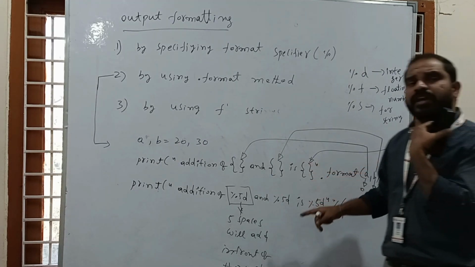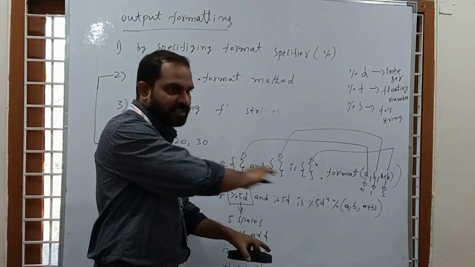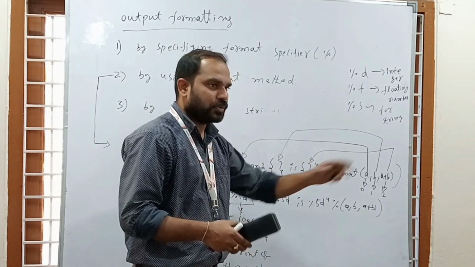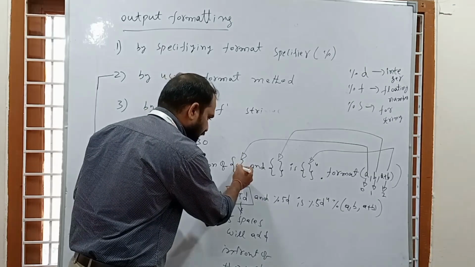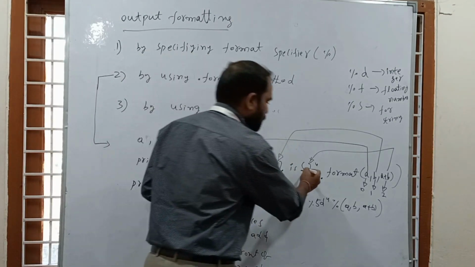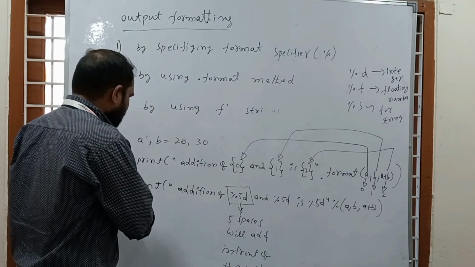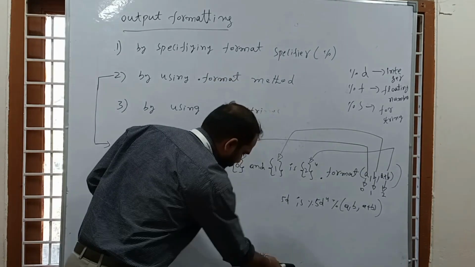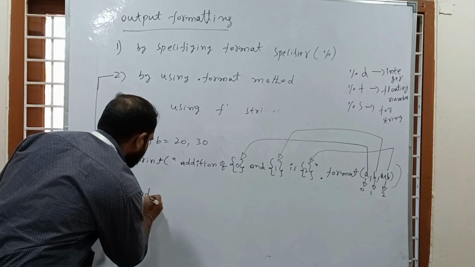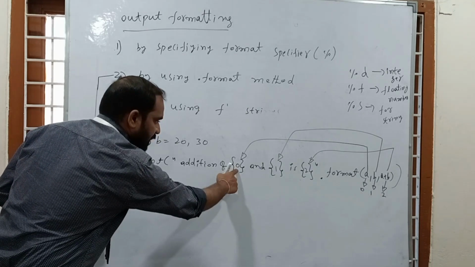Generally, if you do not specify the position numbers in the placeholders, the sequence is taken as it is, 0, 1, 2. In this placeholder the index number will be 0, in this placeholder the index number will be 1, and in this placeholder the index number will be 2. Right. So whenever it is like this, the output will be printed like this: addition of index number 0.